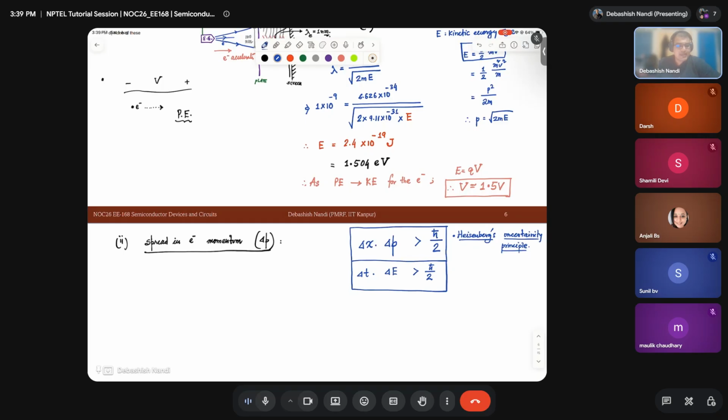So what does this delta x mean? Delta x is basically, let's say this is a space, okay? And my particle is sitting here. So let's say this particle is at x equal to x naught. Fine. And the momentum of it is, let's say, p equal to p naught.